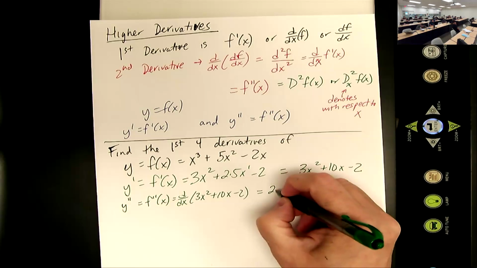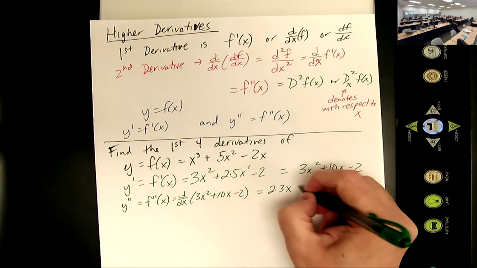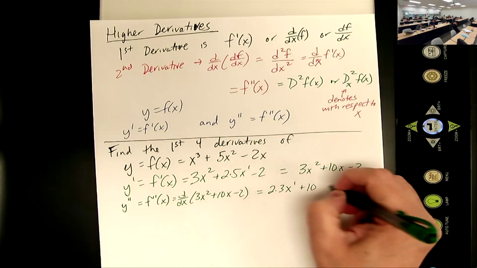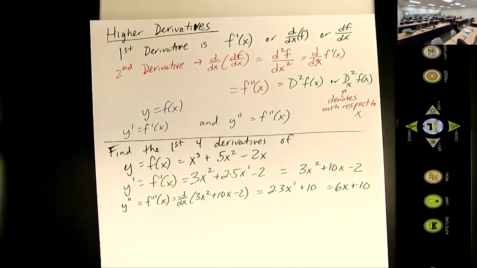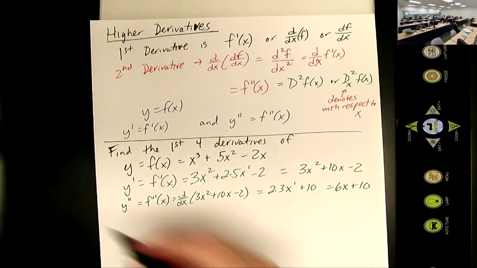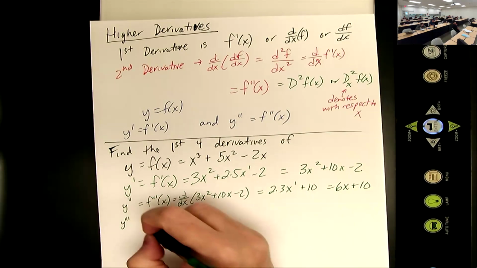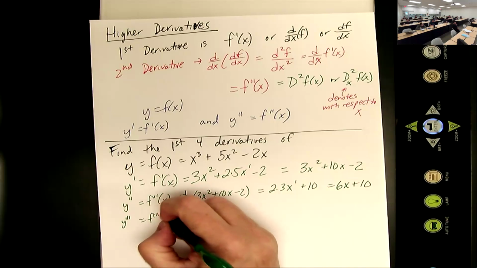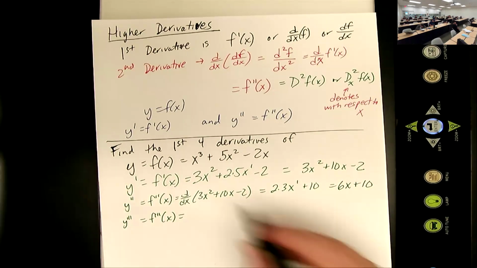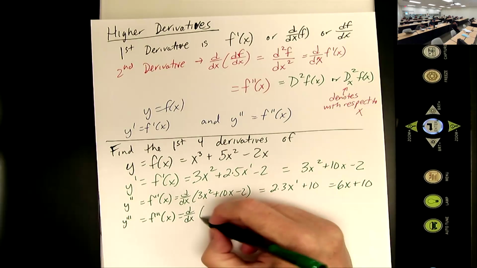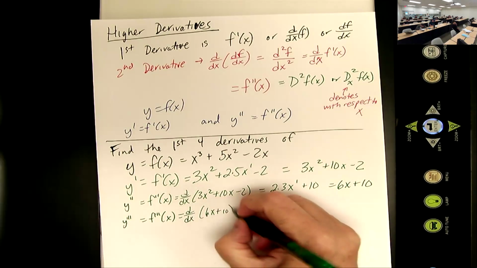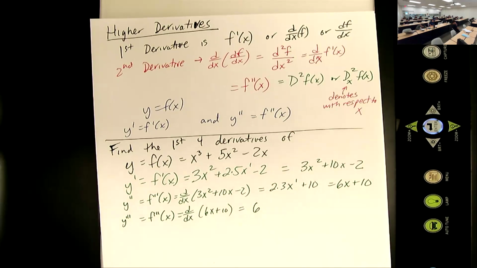So 2 times 3 x to the 1 plus 10 is 6x plus 10. What would the third derivative be? Just 6, right? We're doing d dx of that 6x plus 10. It's just 6.